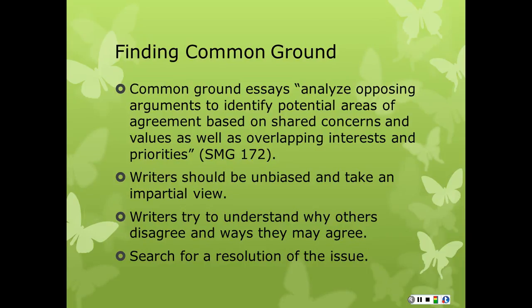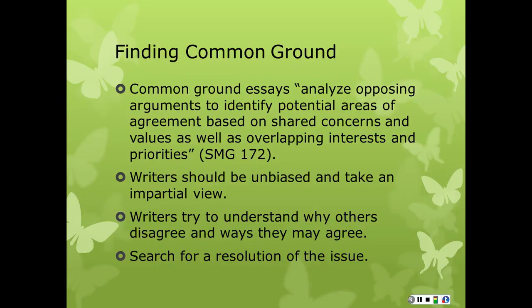To break that down, you're going to pick one issue that can be argued, where one source is a proponent. They are for the issue. They say, yes, I believe in this and I am strong in my decision.